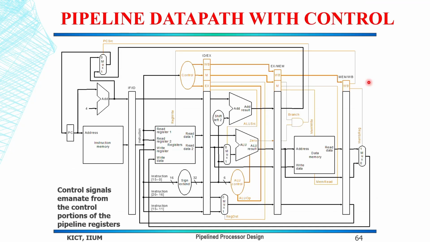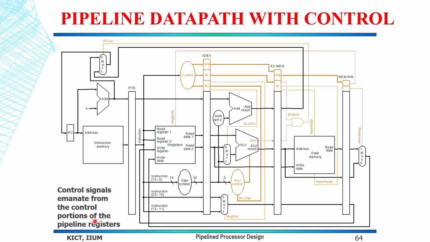Here we see the complete pipelined data path with the control signals, and it makes a very important statement here: control signals emanate from the control portions of the pipeline registers. So what does this mean?